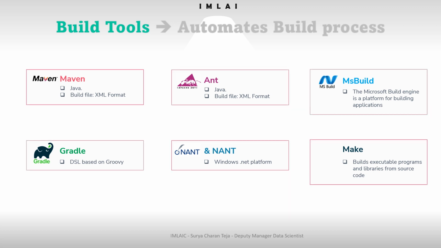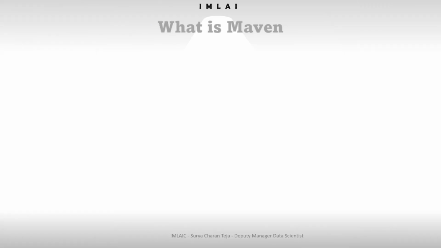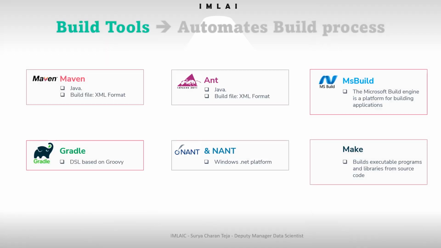To sum up, which tool to use will be decided based on your target programming language and the platform you are working on. If it is Windows, then you will go for MS Build, NAnt, or Make. If it is Java, you have to decide between Maven or Ant.